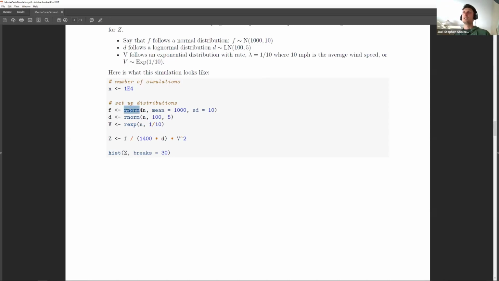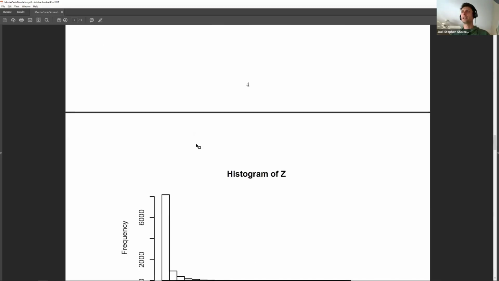These are functions in R. When we put r in front of norm, that means we're doing random, so we're getting a random sample. These are built-in functions you can use to simulate these distributions. So what I get then is a string of 10,000 values sampled from the distributions of F, D, and V. And I can plug that into the equation for Z and get a distribution for Z. And that's what this looks like.